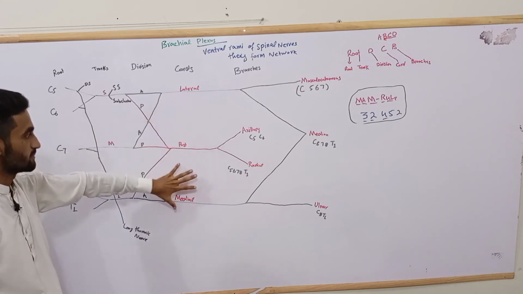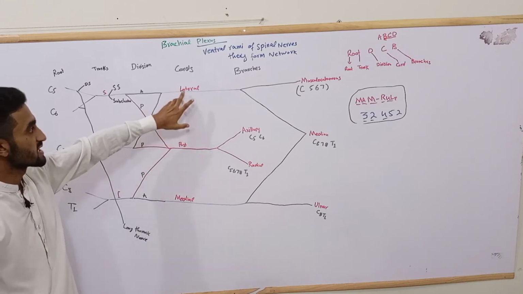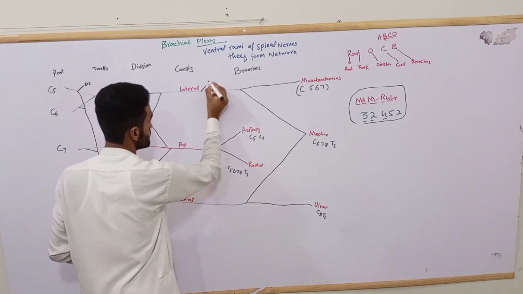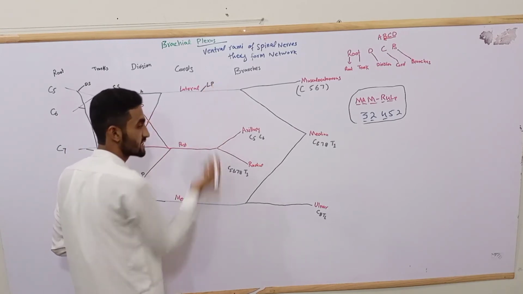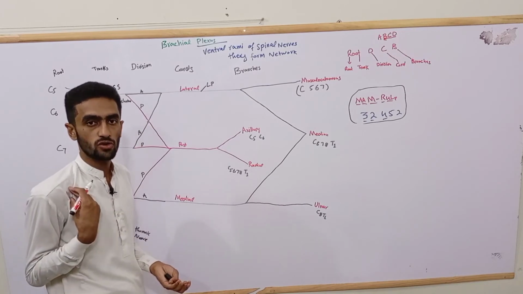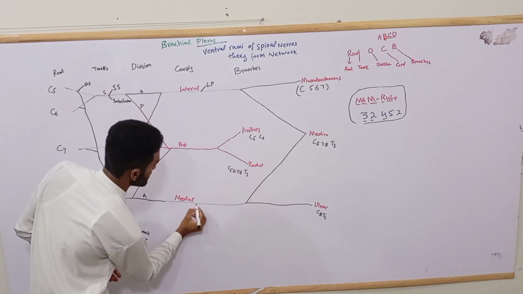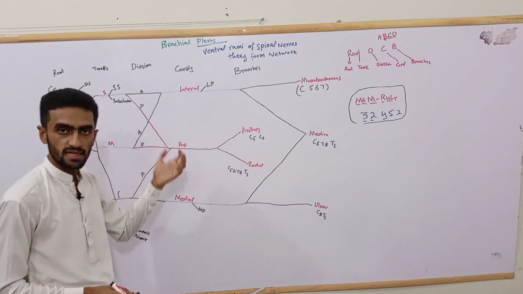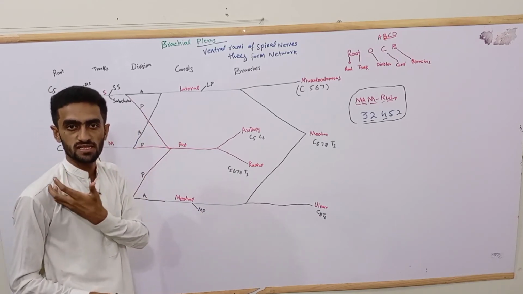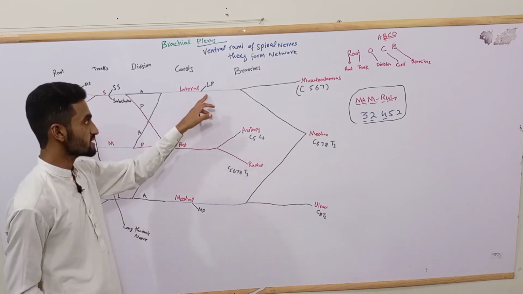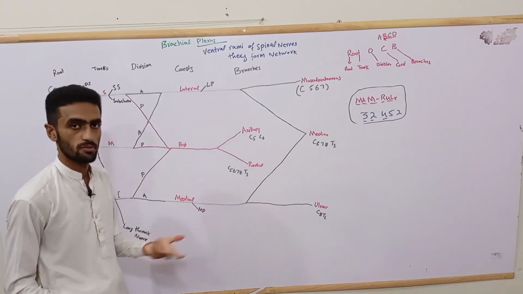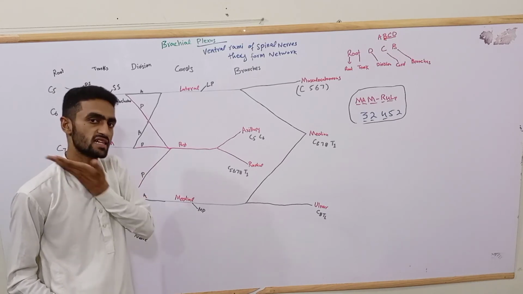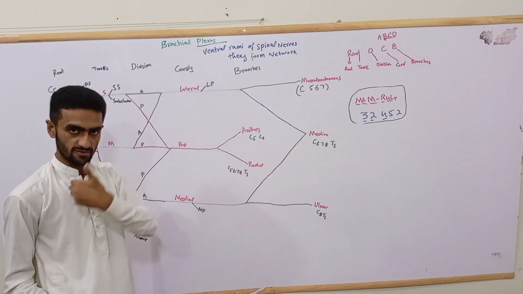the lateral cord and the medial cord, at cord level. So branching at the cord level, one is the lateral pectoral, as the name represents, for the pectoral, and one coming from here is the medial pectoral. Both are supplying the pectoralis major muscle, because we have two parts of the pectoralis major: one is attached to the clavicle and the other is attached to the sternum.